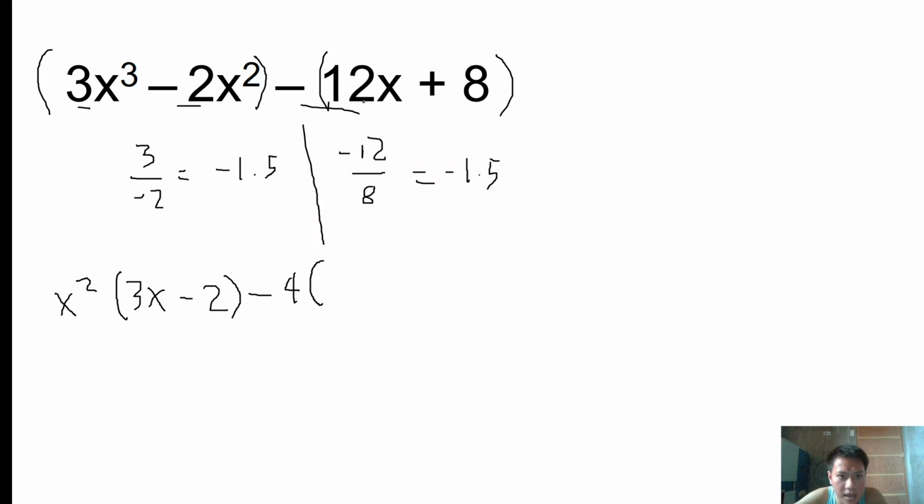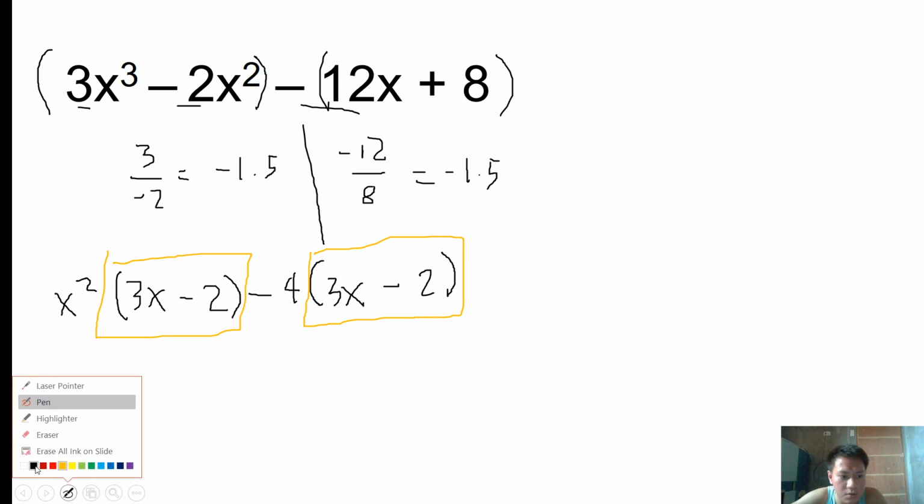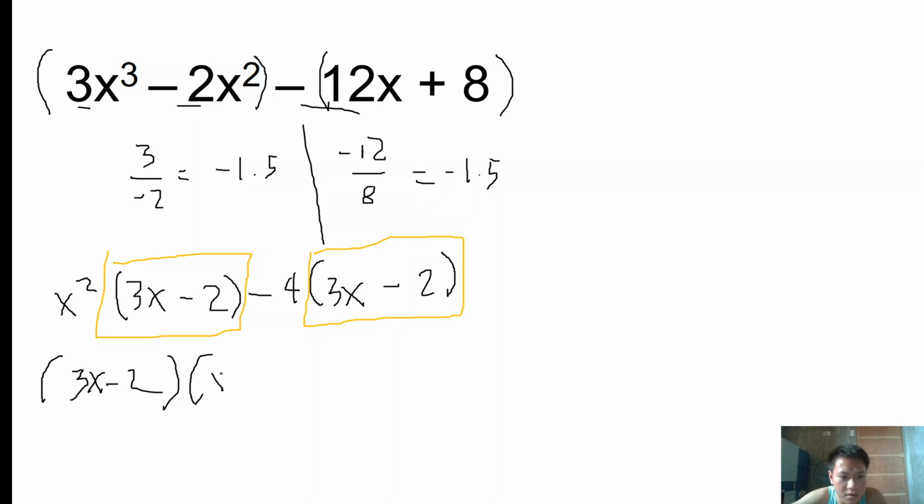So, negative 12x divided by negative 4 is 3x. 8 divided by negative 4 is negative 2. So, kung makikita nyo, meron na ulit siyang common factor na 3x minus 2. So, ilalabas na natin si 3x minus 2 times dun sa natira, which is x squared minus 4. Okay, that's it.